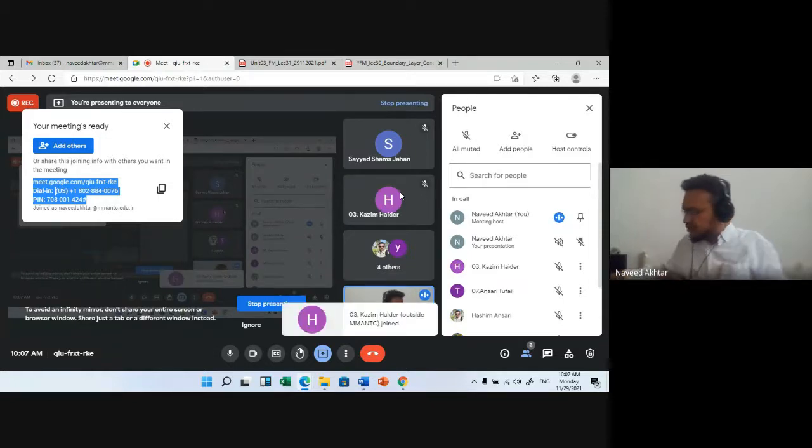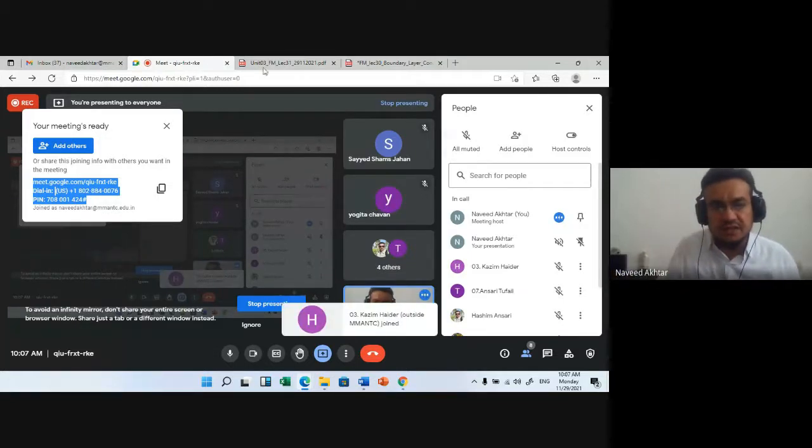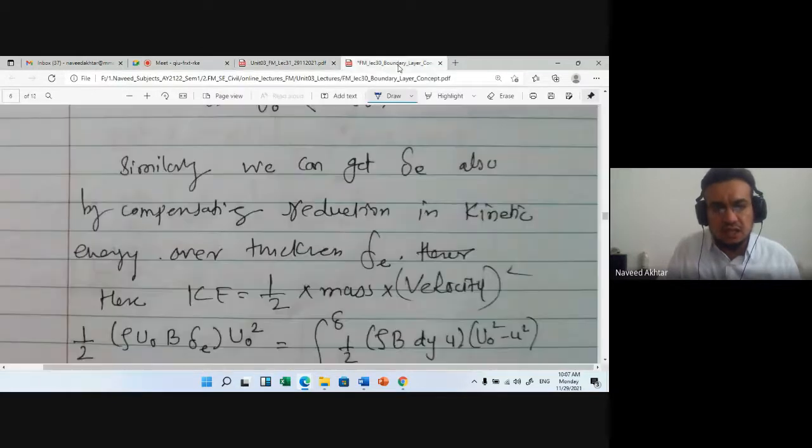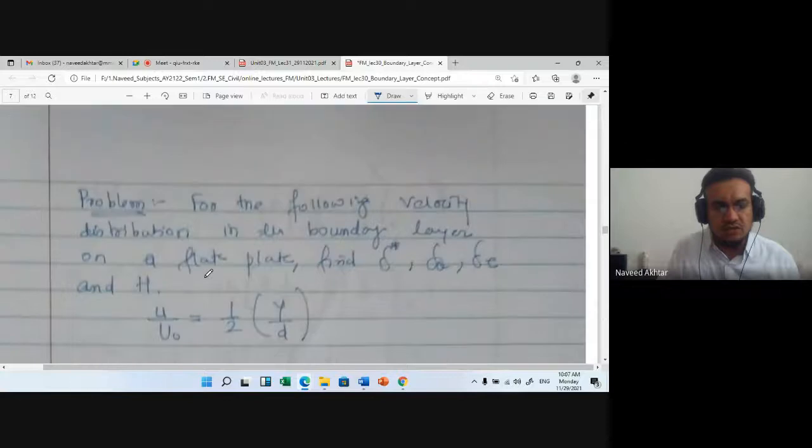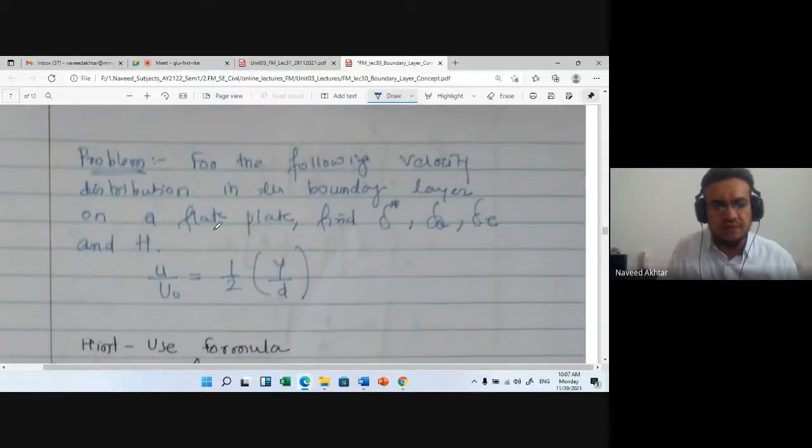So we covered these thicknesses in the previous class, and we solved one example based on those formulas.